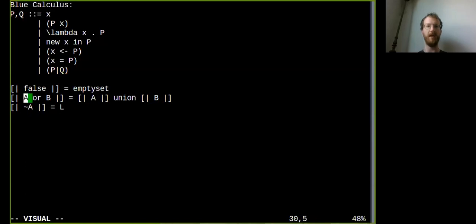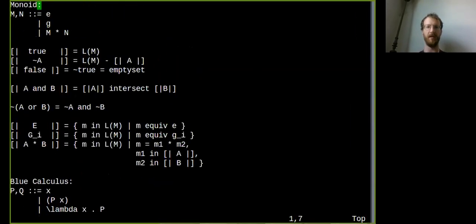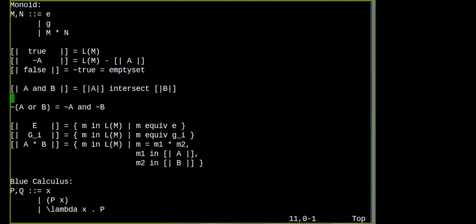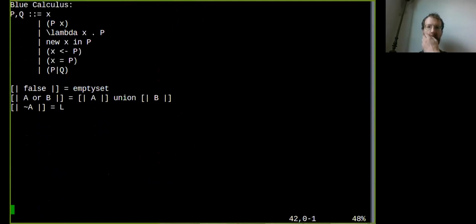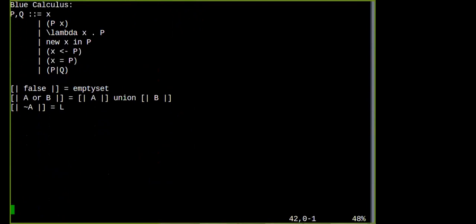A is basically just a placeholder for a statement that we've constructed in our language. It's the same as what we're doing up here when we say M and N are defined by; we never really define M or N. So we didn't give the grammar for the logic language, but there sort of is one.